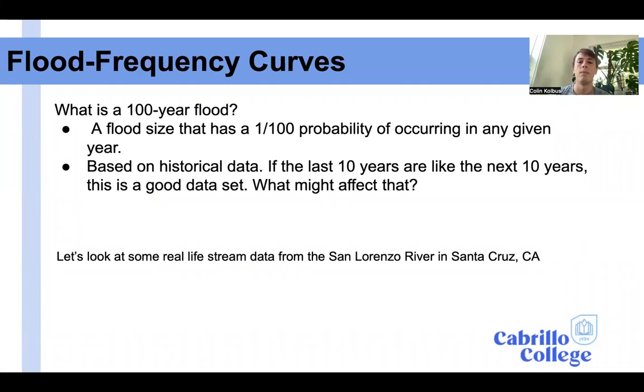So flood frequency curves are really cool, and I think really valuable. I also find it really interesting that this is something you can go and do on your own if you are so inclined. Look at a stream gauge in your area, look at the historical data, and try to calculate the size of a 100-year flood.